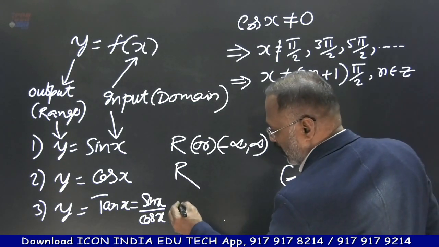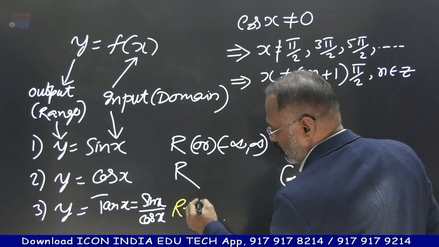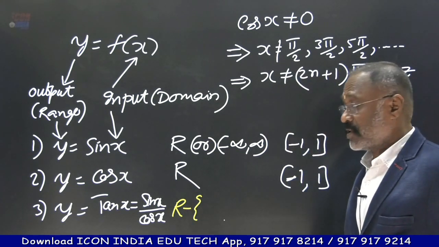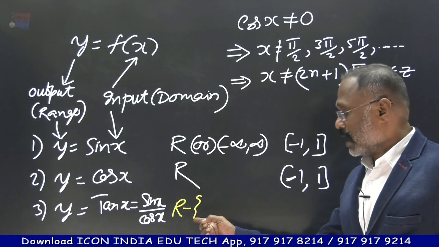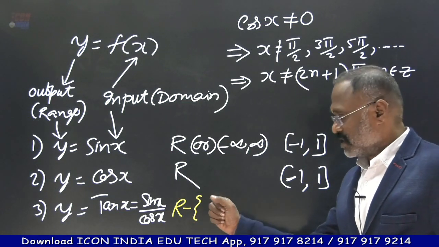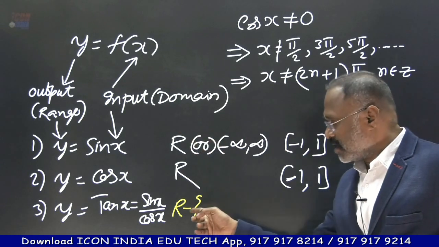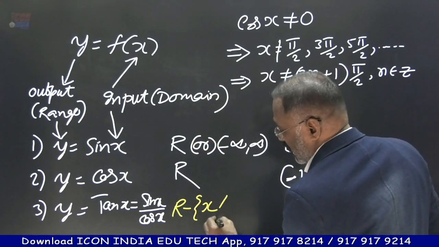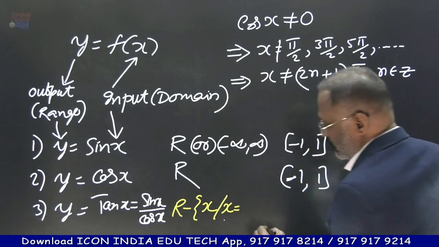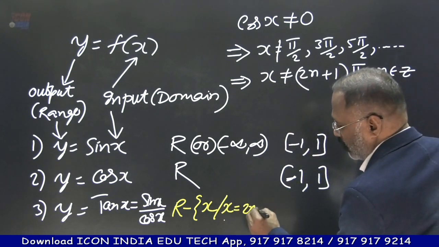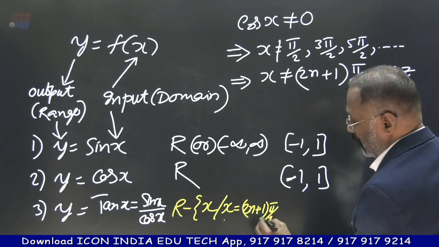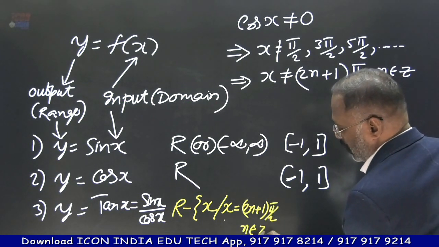That is, you can give any real number except, and I show the except here with a minus sign, those values of x such that x is equal to (2n+1) times pi by 2, and this n belongs to any integer.